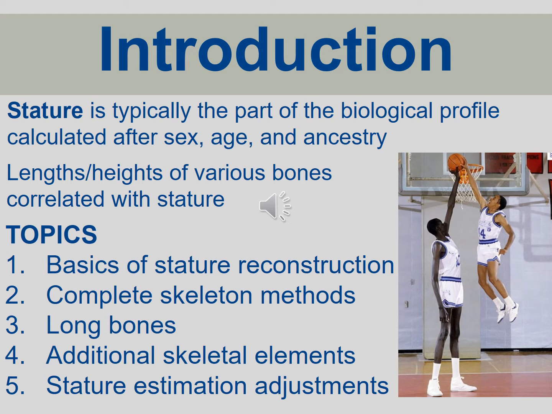And then we also have things like osteoporosis, which is an increased porosity of bone, which can also make your bones weaker and prone to fracture. We also know that people of different ancestral backgrounds have specific variations in terms of leg length as well as torso length that we need to account for when we estimate stature.